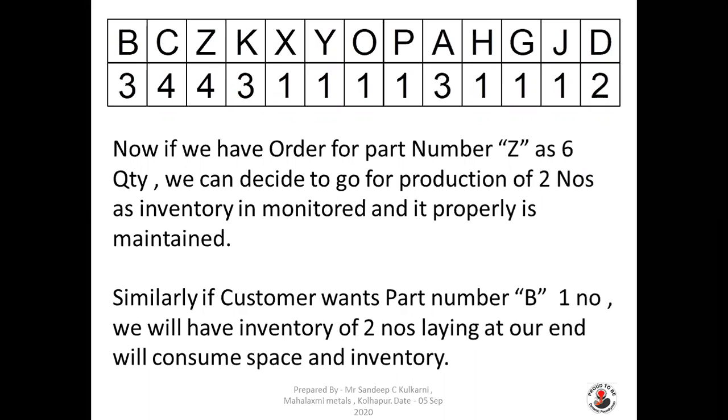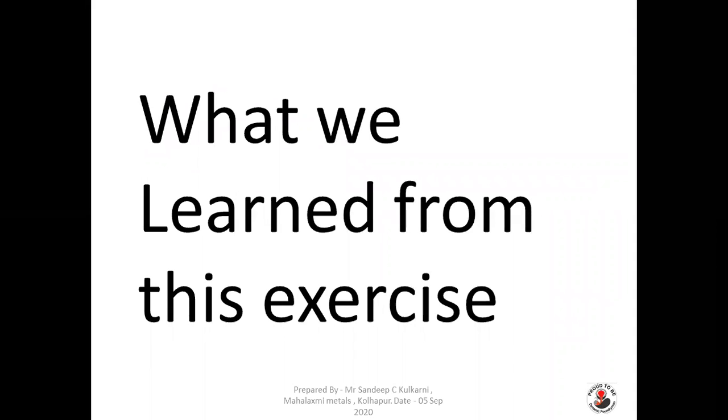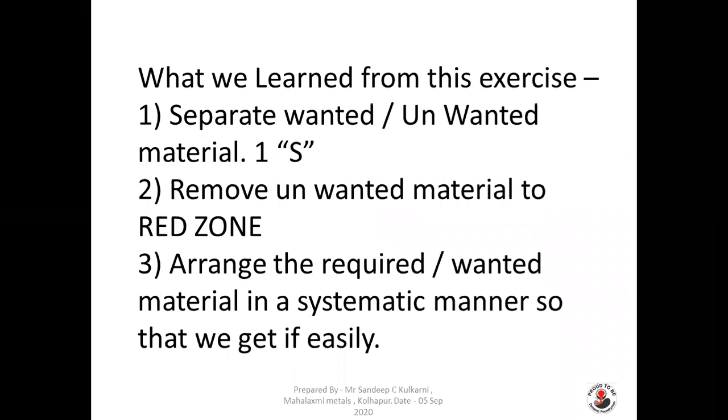So what we learn from this exercise: number one, separate wanted and unwanted material, that is essential material and non-essential material. Second, remove unwanted material to the red zone area, just like we did with the numerics.